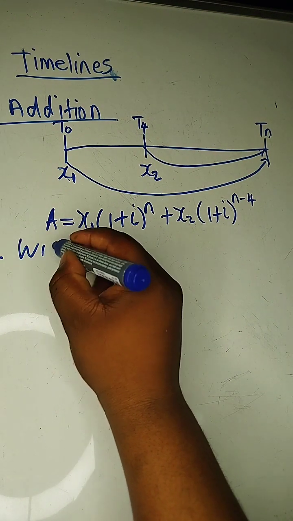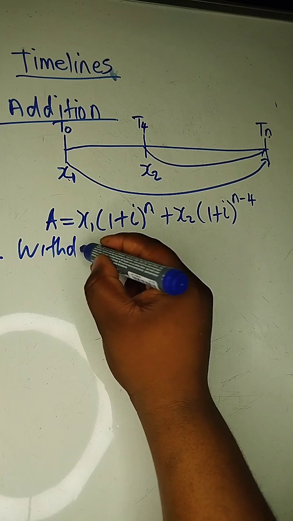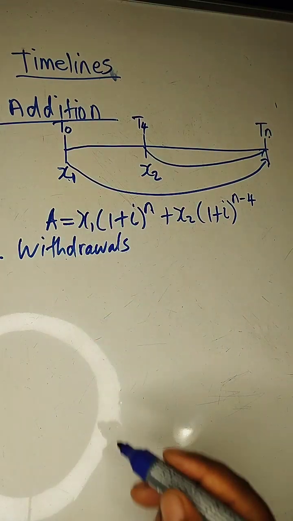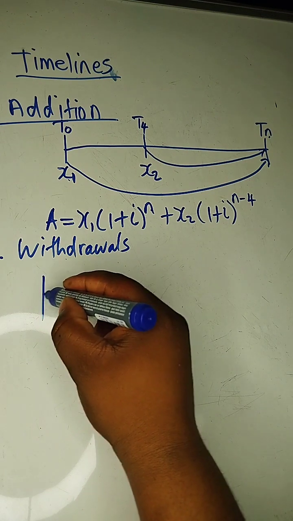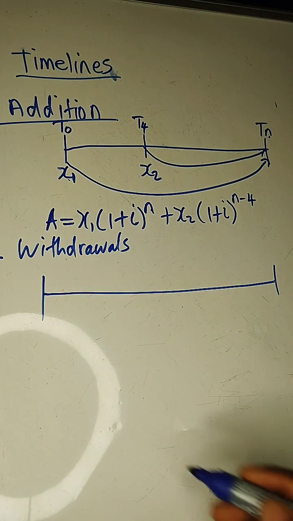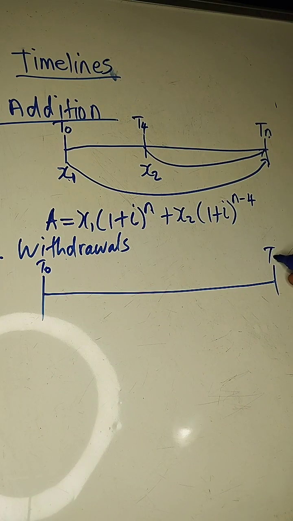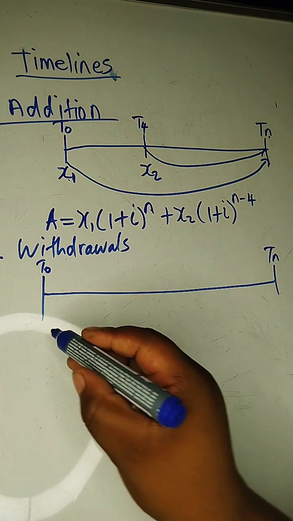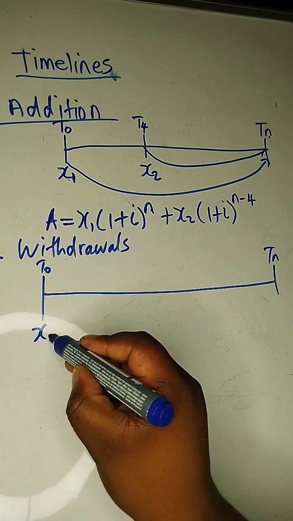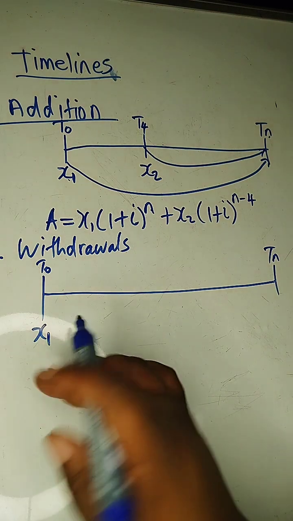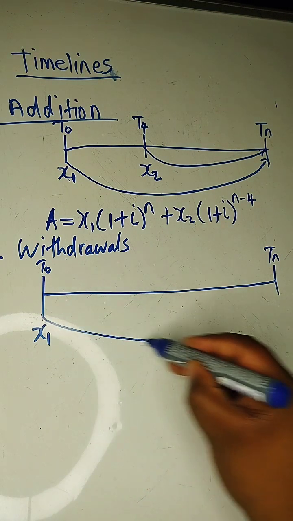Let's do the second one, which is withdrawal. Now on withdrawals, again we have this timeline. This is T0, this is TN. Let's say here there was an investment amount. Then this investment amount goes direct to the last one.